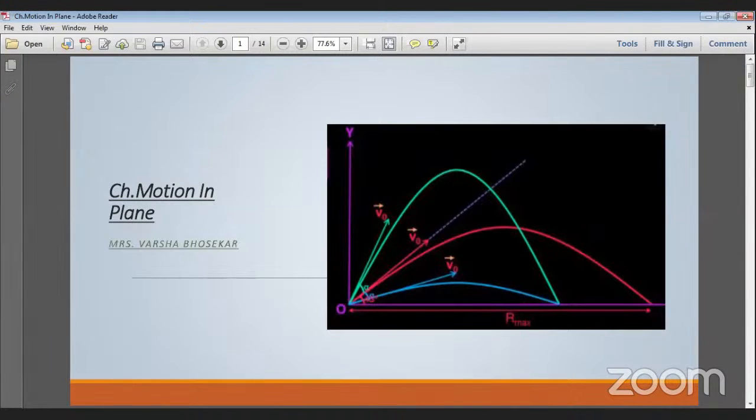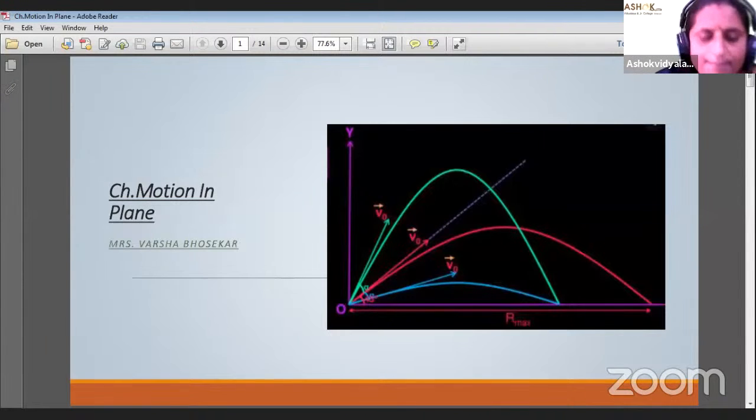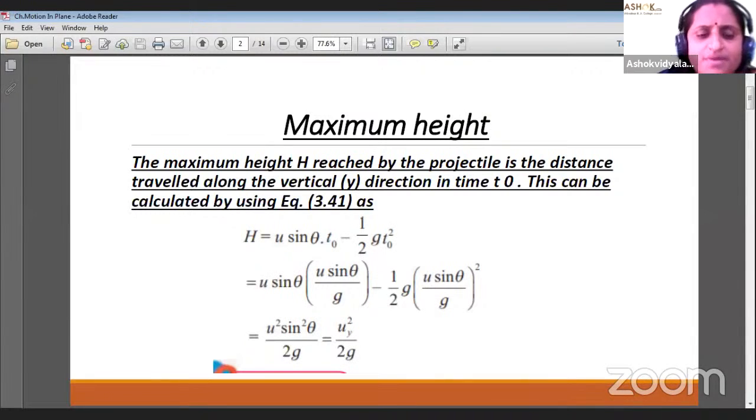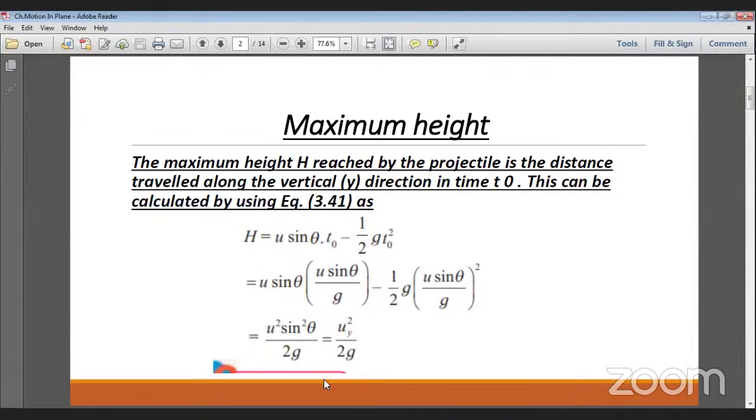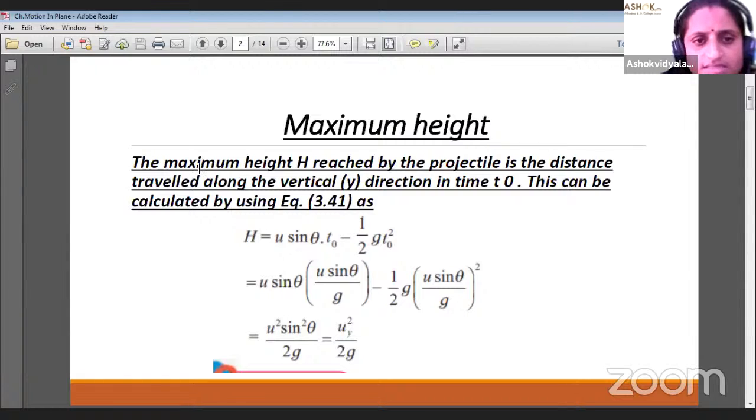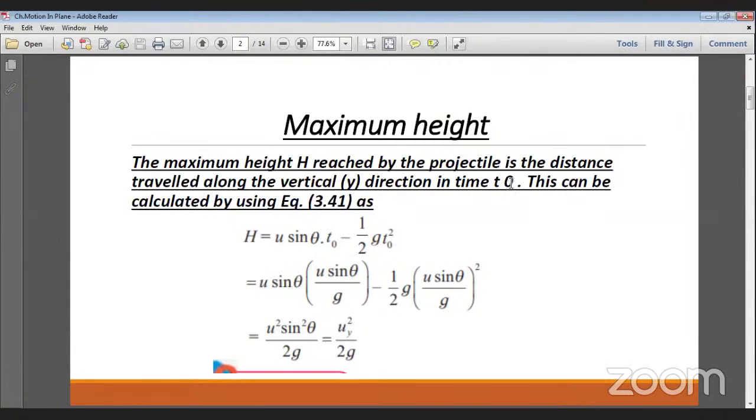Now, in this lecture, we will see maximum height. The maximum height h reached by the projectile is the distance traveled along the vertical y direction in time t0.